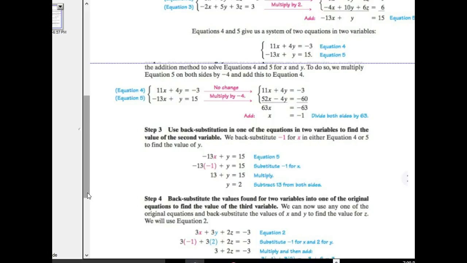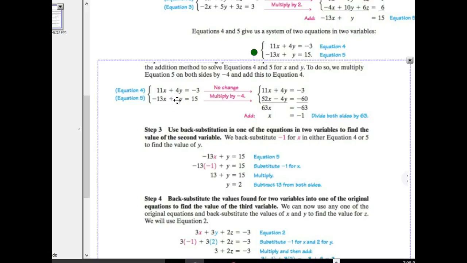So if we have those two, equations 4 and 5 that we put together, the easiest thing to eliminate would be to multiply the bottom one by negative 4. Remember, you have to do the whole equation that way, so you end up with 52x minus 4y equals negative 60.